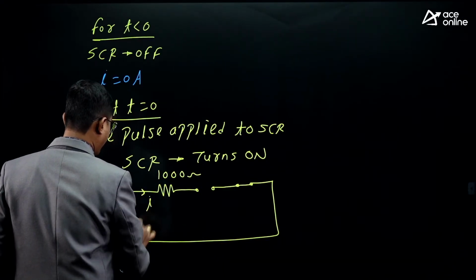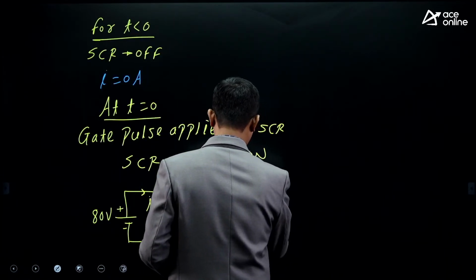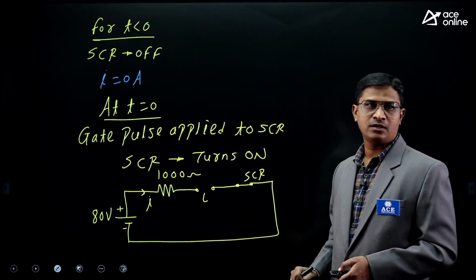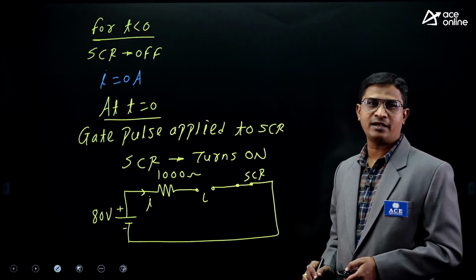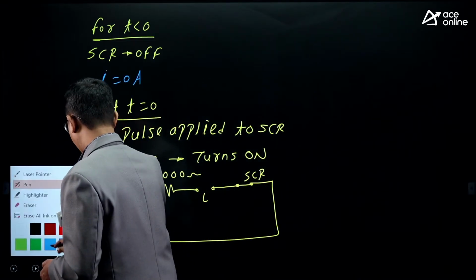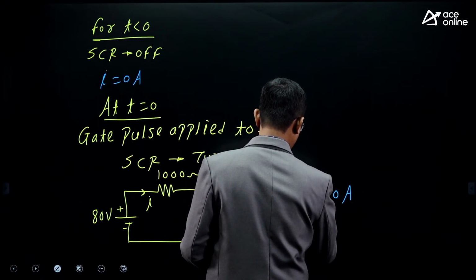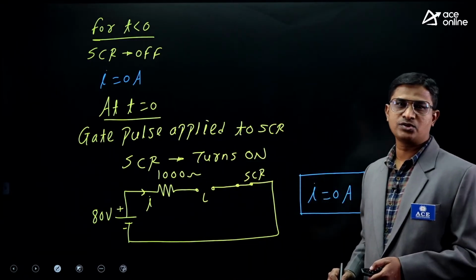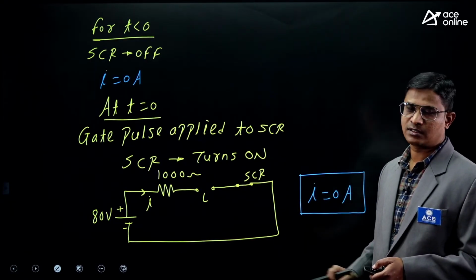This current is I. Here is the inductor, which is open circuit, and here is the SCR. So if the inductor acts as an open circuit, then what is the circuit current? I is equal to 0 ampere. At t equal to 0, the circuit current I is equal to 0.